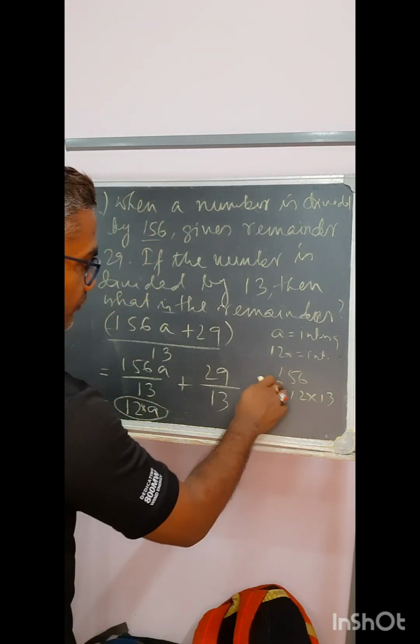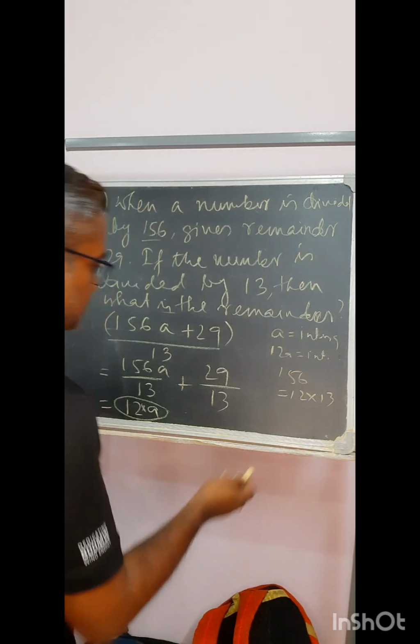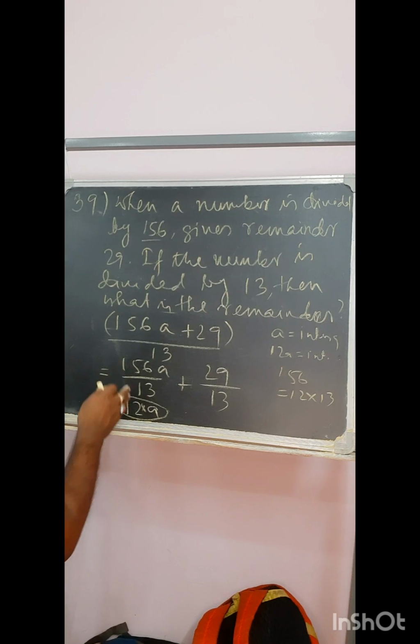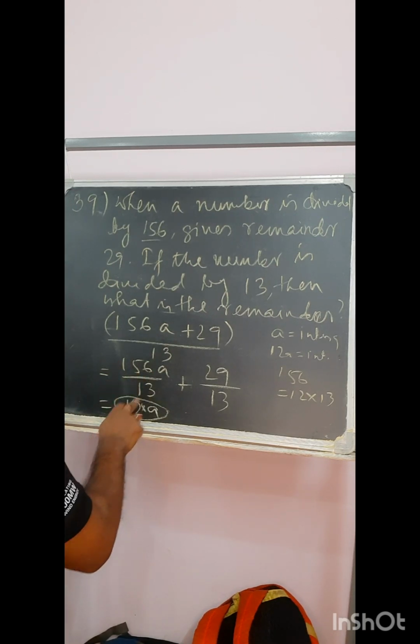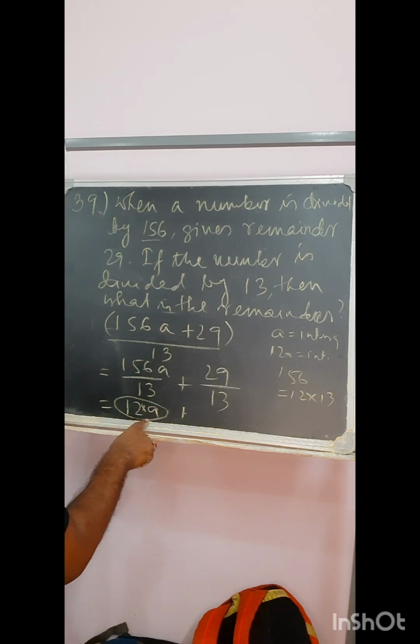This is one of the factors of 156. There may be some more factors, but this can be written as 12 into 13. So by dividing by 13 I will get 12a, a perfect integer, so I will not get any remainder.